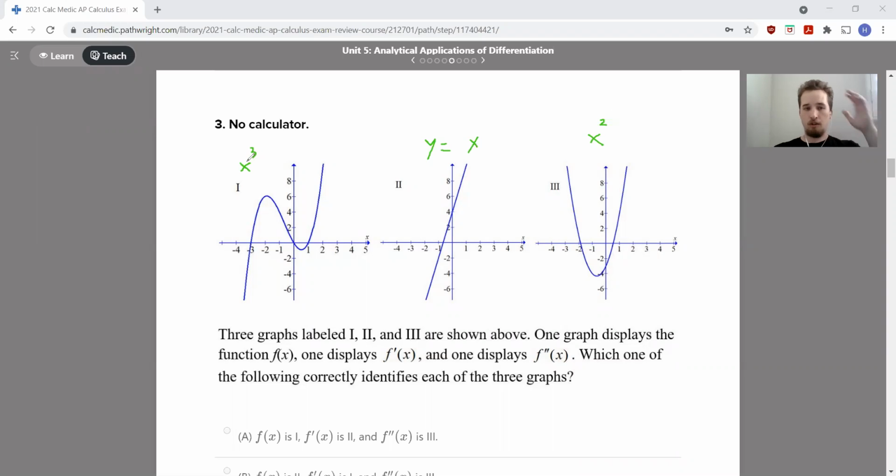So if we were to just do it visually, well, x cubed is f of x. X squared is f prime of x, right? Because when you take the derivative of x cubed, we get an x squared function. And then when you take the derivative of x squared, you get an x function to the first power.